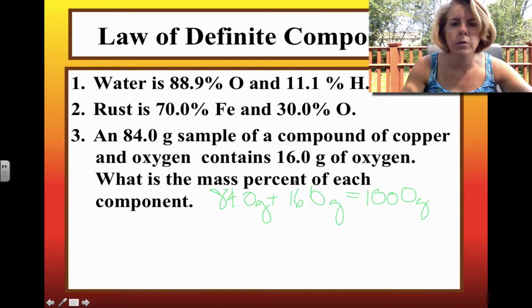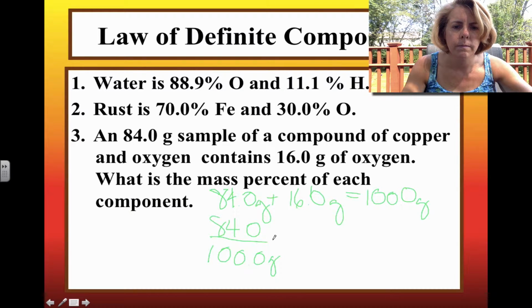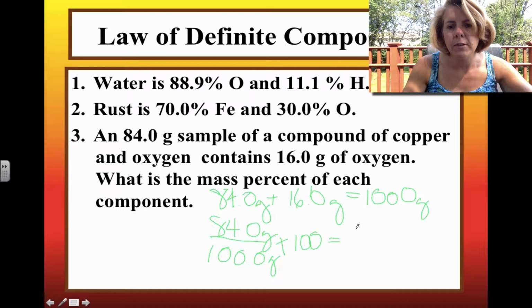And then after you've calculated the total mass, you're essentially just going to take each mass, divide it by 100, and multiply it by 100. Okay, so the first percentage is essentially 84.